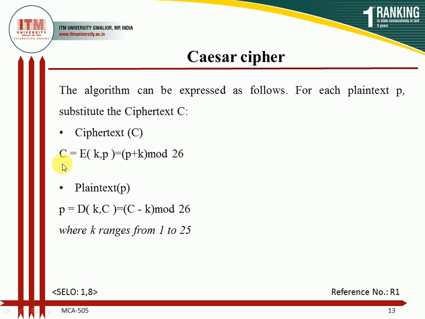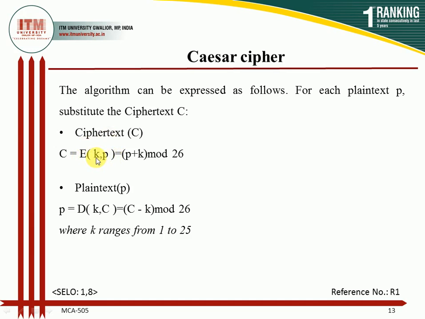What is the meaning here? C is the cipher text that you want to get from the plain text. So C equals E, where E represents encryption, right? In the encryption, we take k comma P. K is the key. As I already told you, for performing encryption we require a key, right?